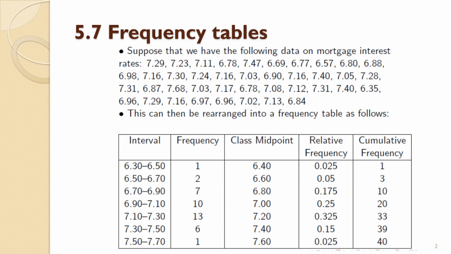Relative frequency is just the probability of being in a certain category. If you add up all the relative frequencies, these should add up to 1, and the cumulative frequency is just the running total. So for instance, you've got one observation in the first category, then the observations in the first category or the second category, then either the first, the second, or the third categories, etc.